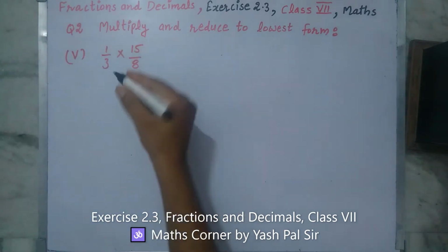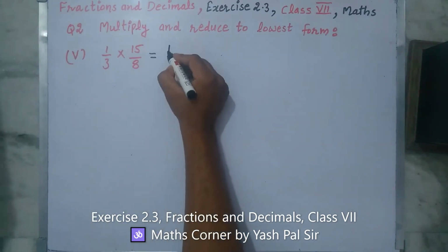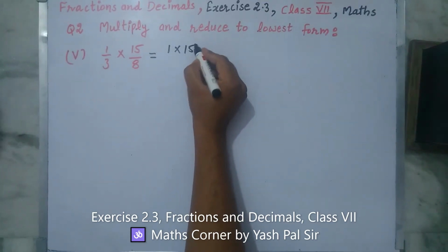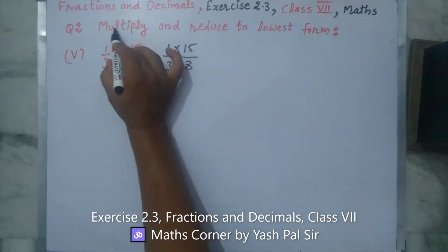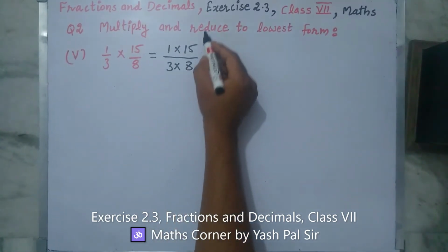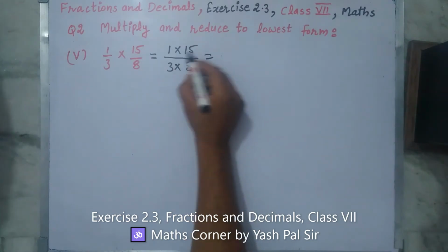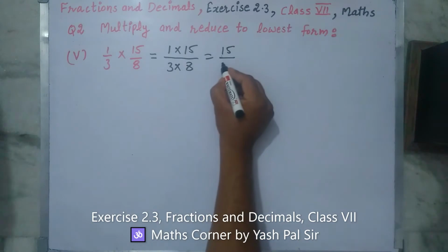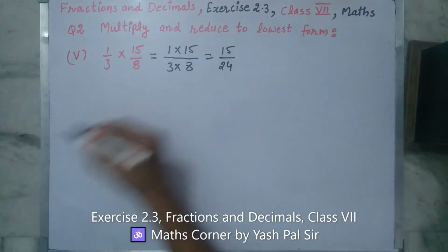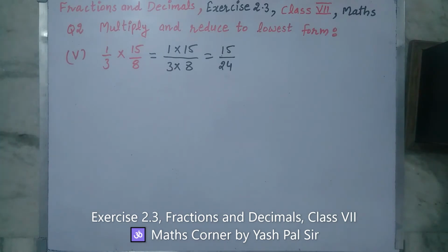Part number 5, 1 upon 3 into 15 upon 8. This means 1 into 15 divide 3 into 8. Because first of all we have to multiply, then we have to reduce to lowest form. So 1 into 15 means 15, divide 3 into 8, 24. Now what is common in the numerator and in the denominator? I think this is 3.